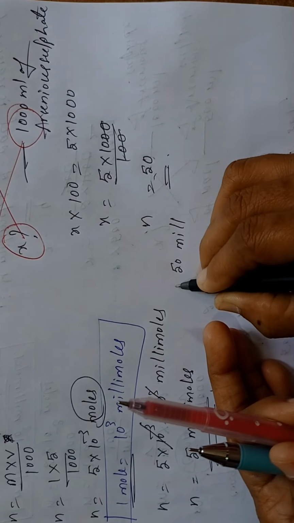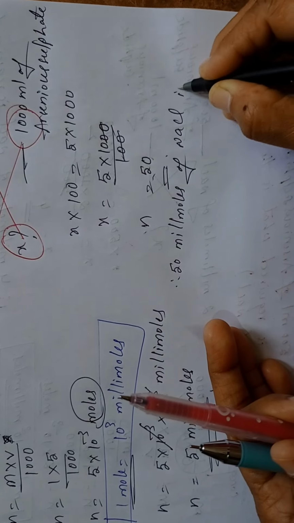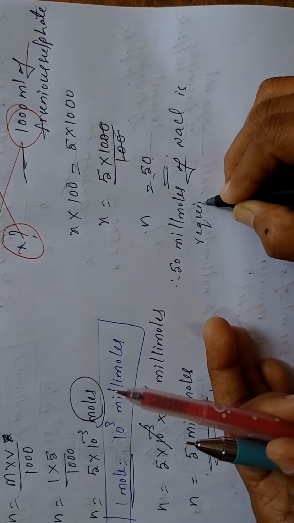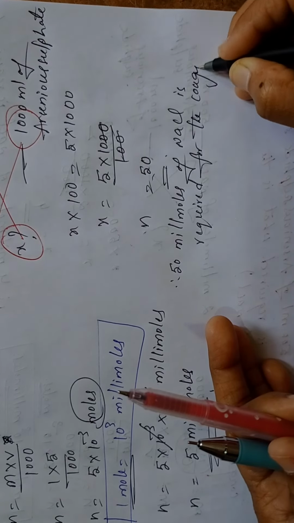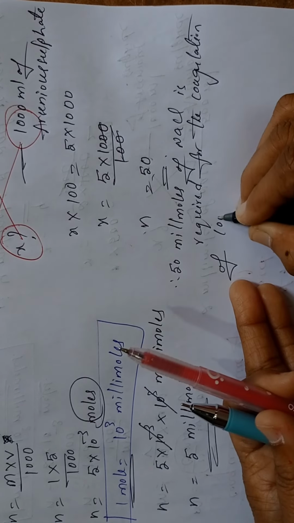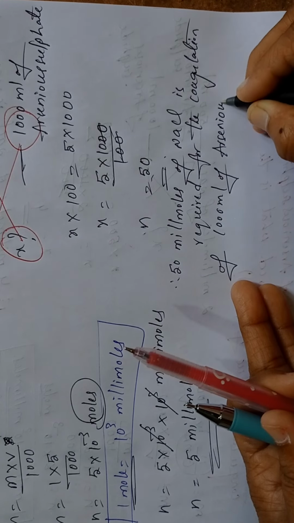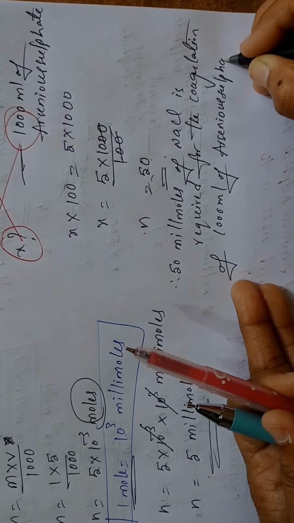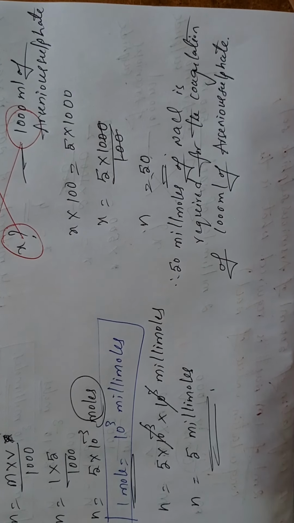Therefore 50 millimoles of NaCl is required for the coagulation of 1000 ml of arsenious sulfate. Clear this one? So this is nothing but coagulation value, students.